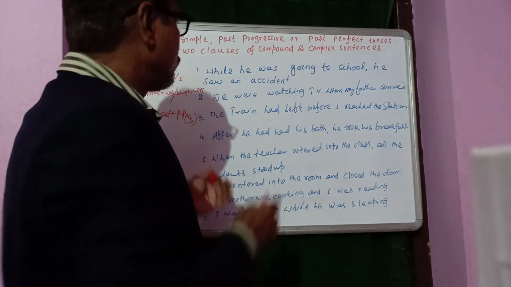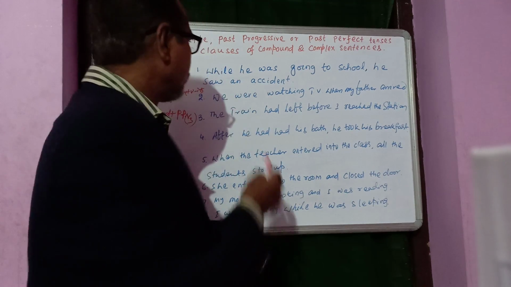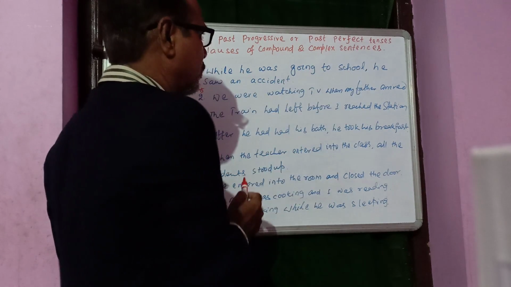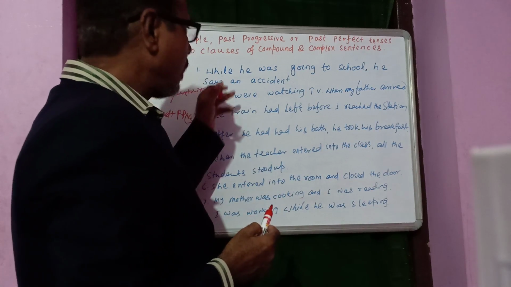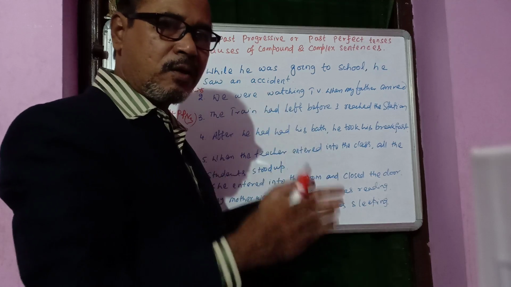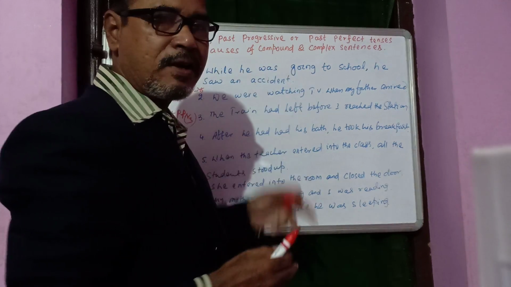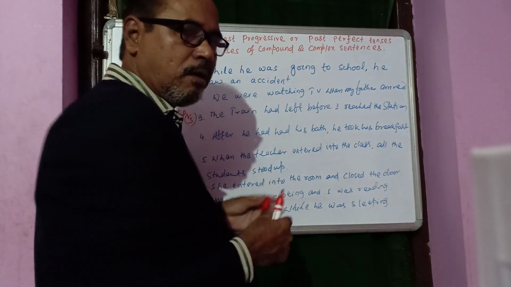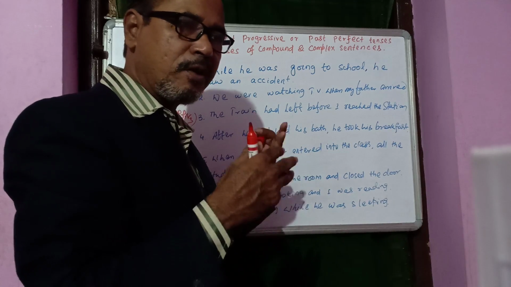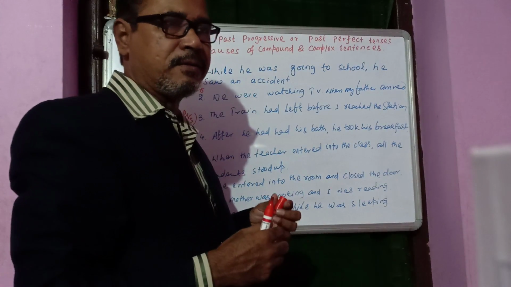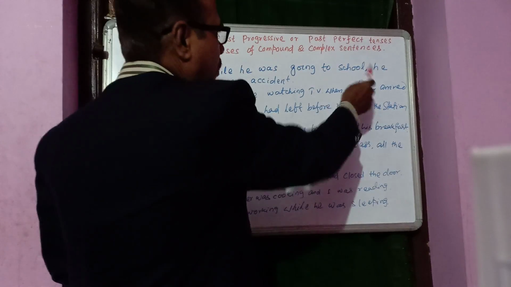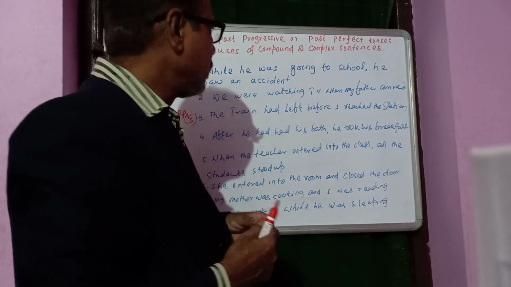Here, this is a complex sentence. This is one clause. This is another clause. While he was going to school is the subordinate clause. While is the subordinate conjunction. He saw an accident is the main clause.